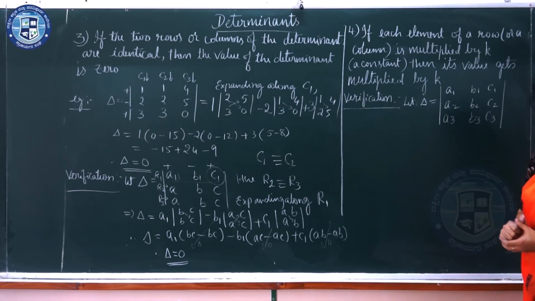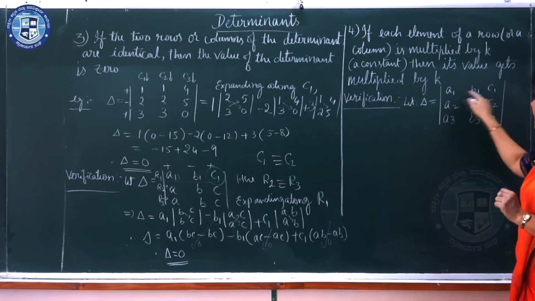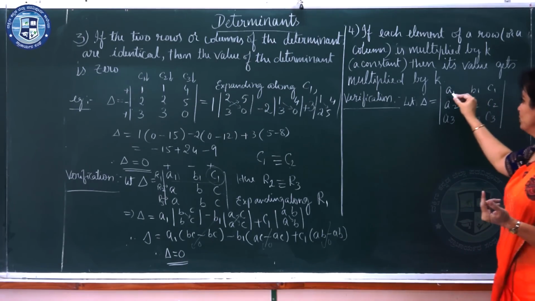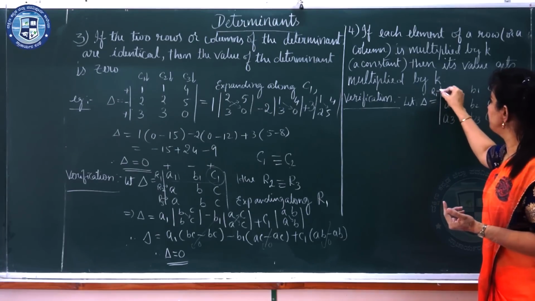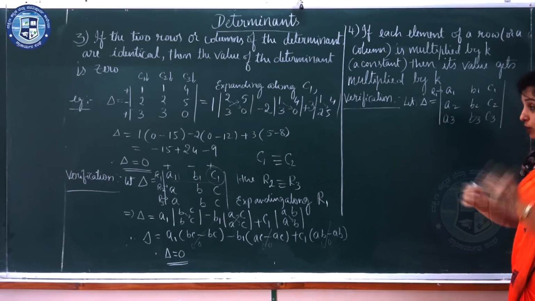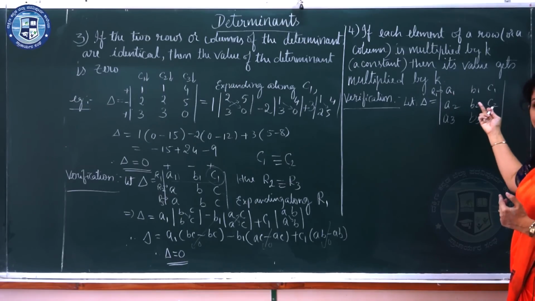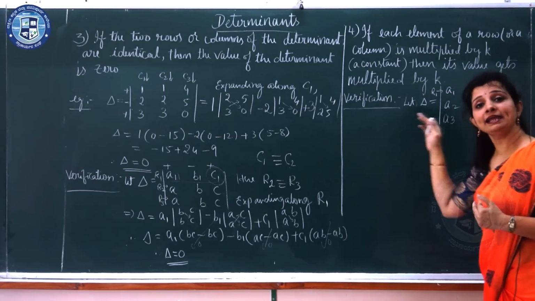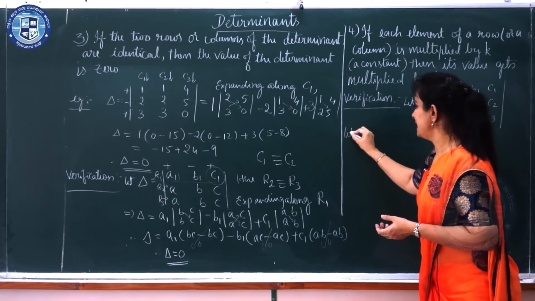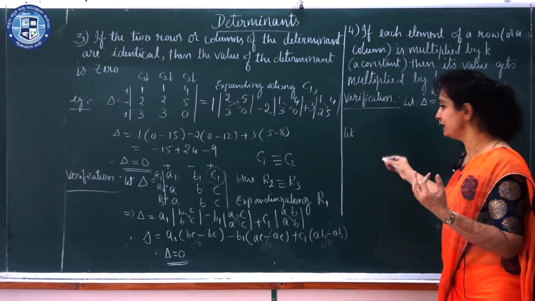Now what you have to do? Multiply one constant k with any one row or any one column. See, we will multiply k to each element of the first row. So we are going to change the first row elements, by multiplying k to each element. Look at the operation. How do we write this?